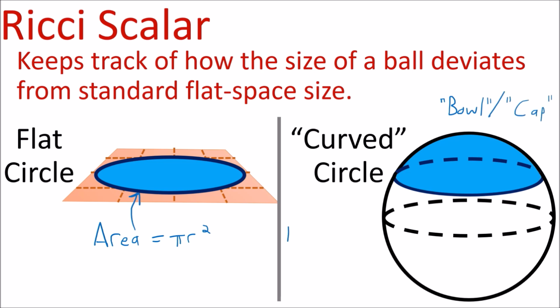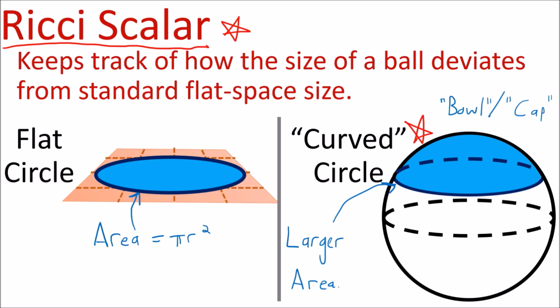And the area of this cap in curved space is actually larger than the area here in flat space. So even though these circles have the exact same perimeter in both cases, the circle in curved space can fit more area inside it because of the nature of curved space. And the Ricci scalar helps us quantify how much more space we can fit inside this circle compared to the flat space circle.